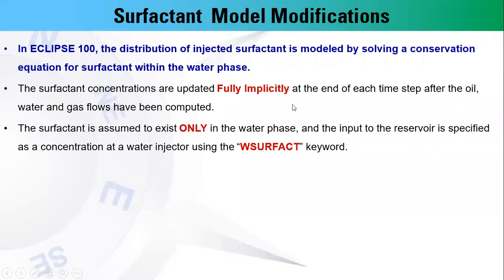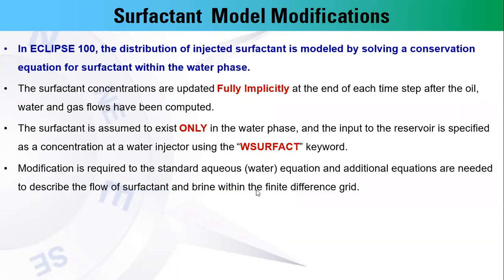Fully implicit is simply an approach to solve the simulation equations for pressures and saturations at the end of the time step, because in simulation we have specific time steps, and the simulator will solve the equations per single time step and so on.